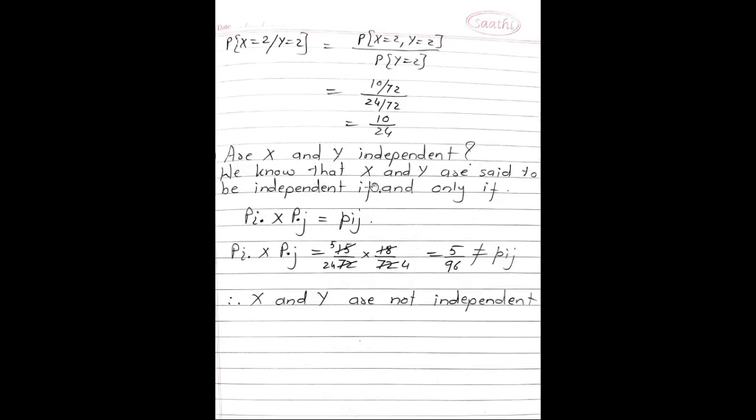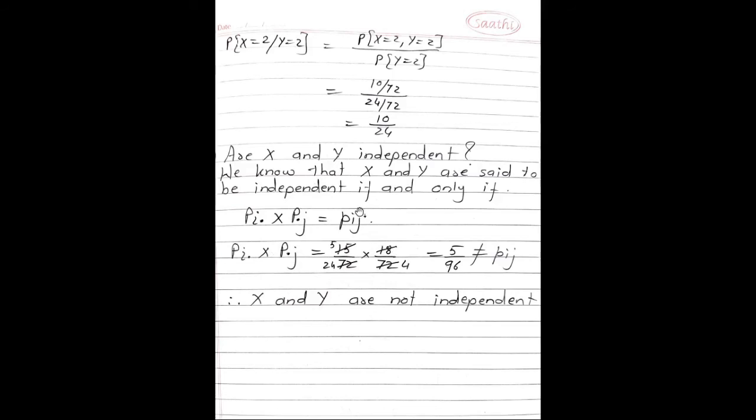Last part of the problem, are x and y independent? Now we know that x and y are said to be independent if and only if pi dot into p dot j is equal to pij. So pi dot into p dot j means the marginal probability of x and the marginal probability of y. If we multiply, we must get the respective probability.